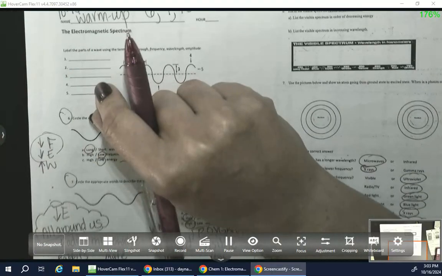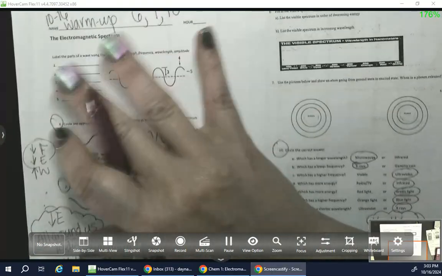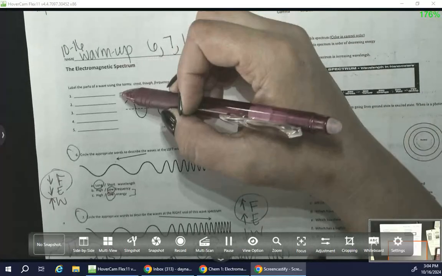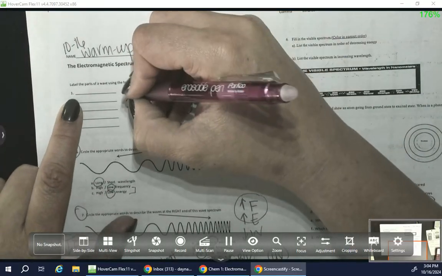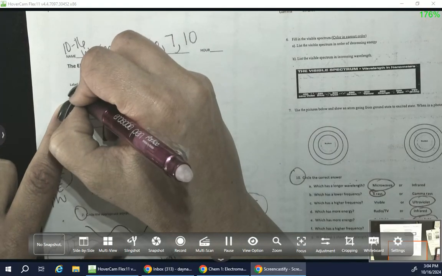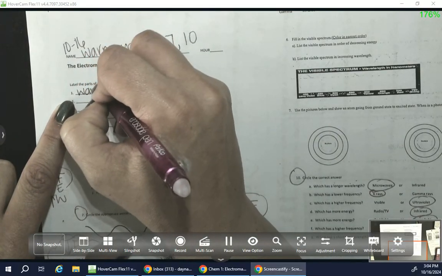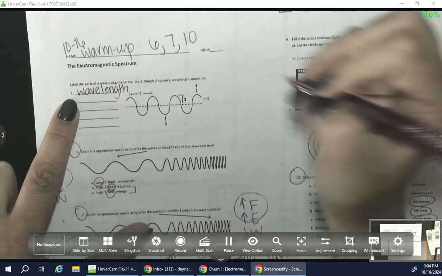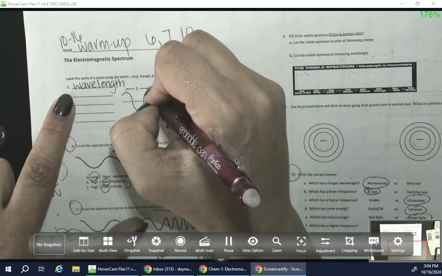If not, let's write in the different pieces of a wave so you have it on this paper. We'll worry about 6 and 7 tomorrow. Number 1 is showing you a wavelength. From top to top is a wavelength.